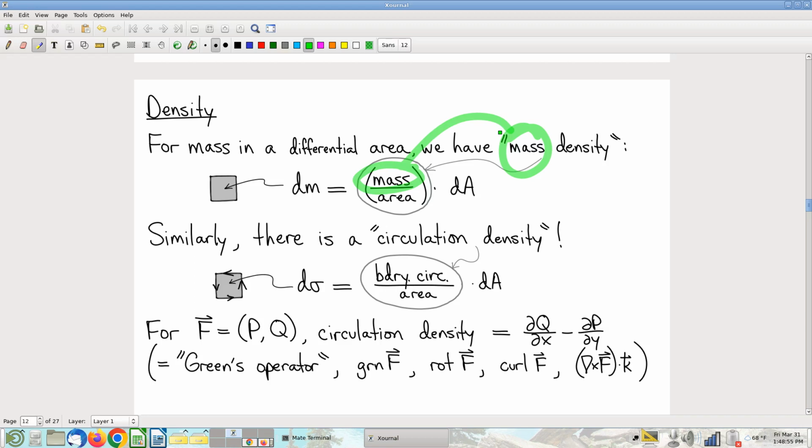Right? Well, okay, if we're going to do that, then we can do likewise by analogy with any other accumulating quantity. We've already done so for stuff like population density, right? Same idea. And so likewise, we're going to talk about circulation density as what you get when you look at circulation per unit area. Again, the prefix circulation for circulation density comes from the fact that circulation is the quantity, circulation is in that numerator. Okay.